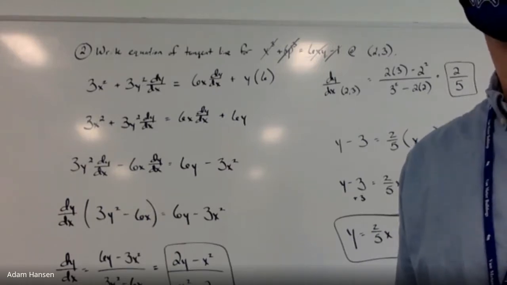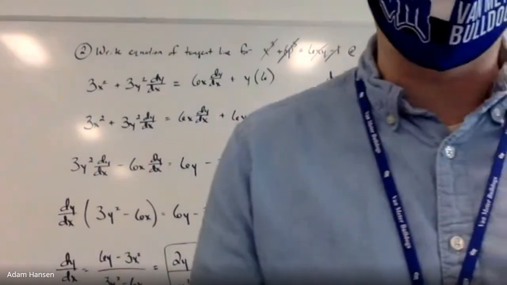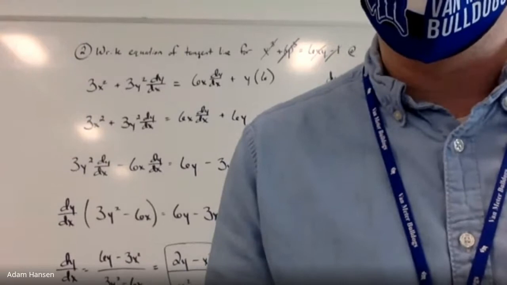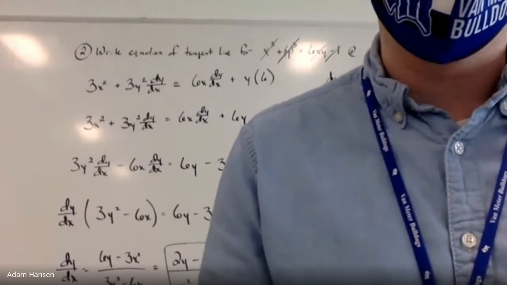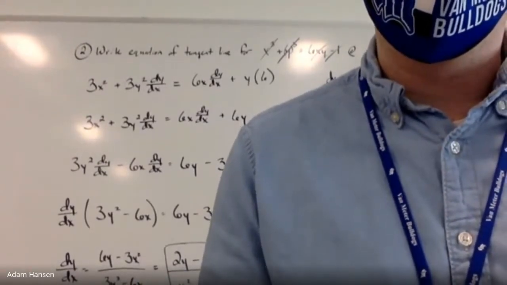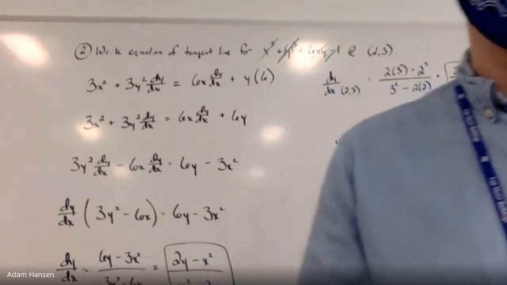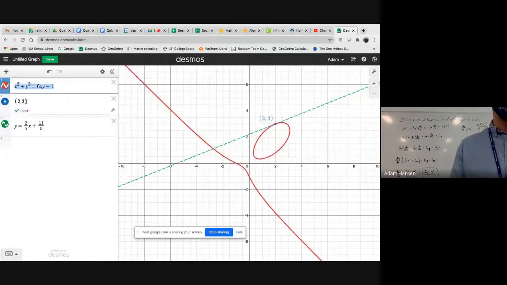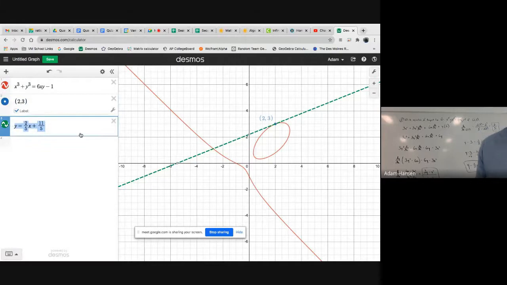Sorry, those of you online here, let me share my screen with you so you can see what we're looking at. We graphed the given equation here in red. I plot the point of tangency 2, 3, and here is my tangent line we just found: y equals 2/5 x plus 11/5. We're all just staring at this graph here in red. That looks really strange.